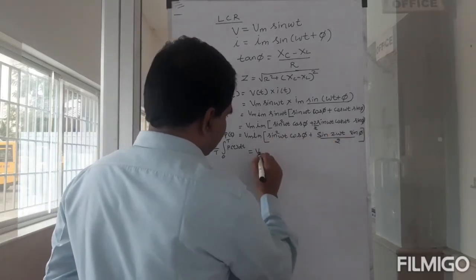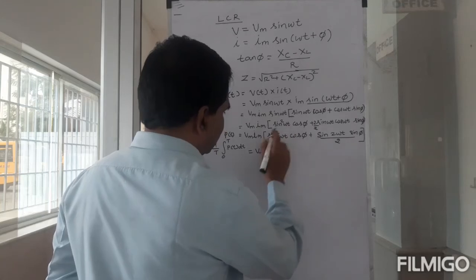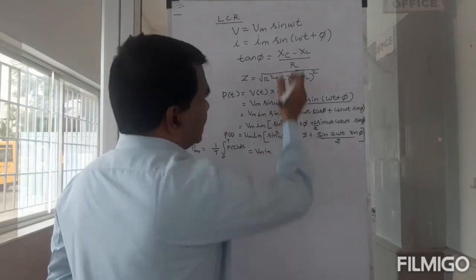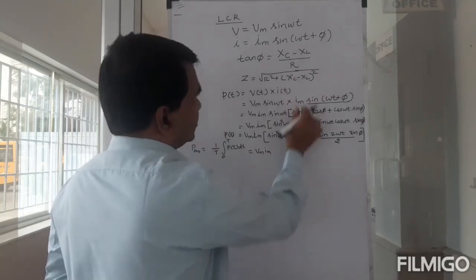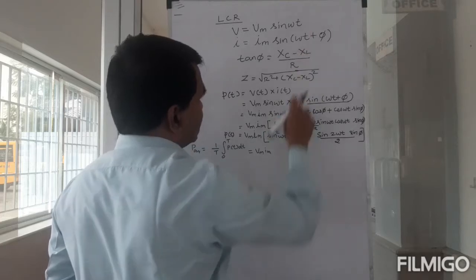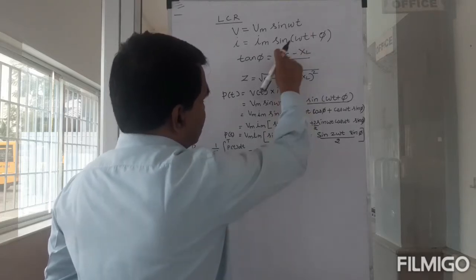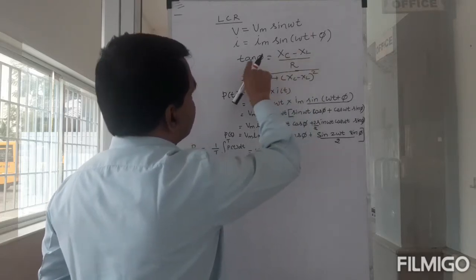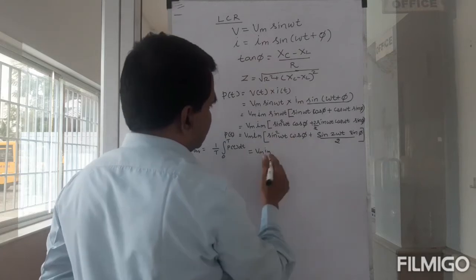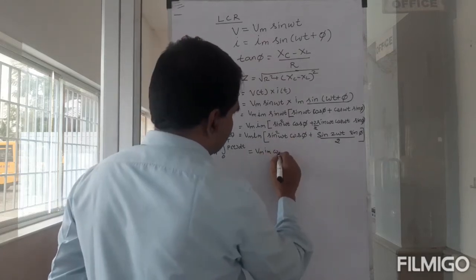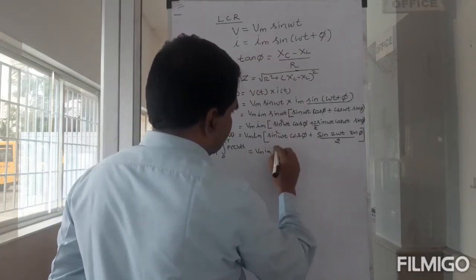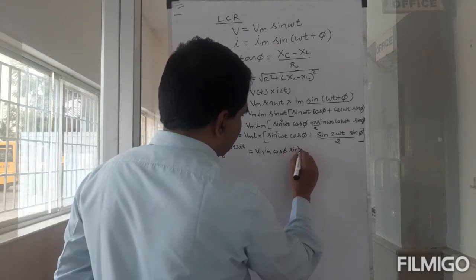So I'll get Vm Im, and cos phi is a constant. Phi will not change with time, right? So I'll take cos phi out, and now sine squared omega t.